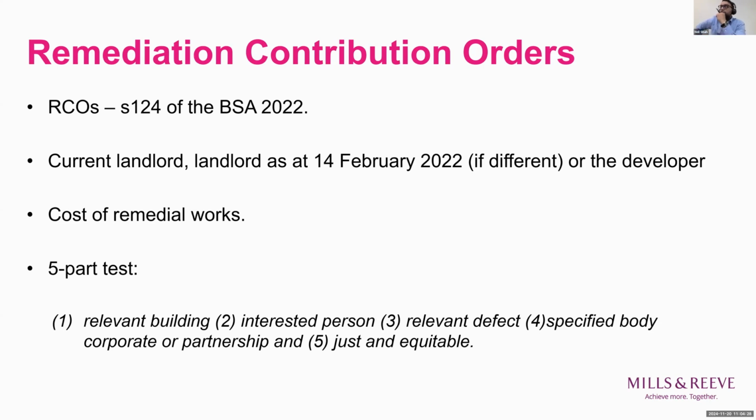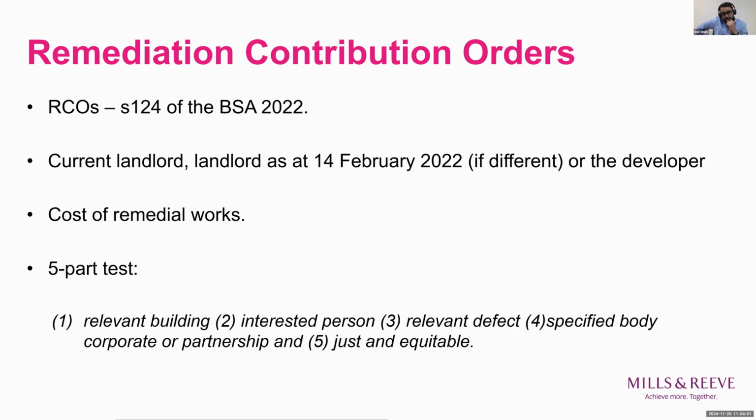It's all part of the wider regime, with attributing fault to those who caused defects. And Charlotte will come on to the corporate veil and privity of contract and how BLOs overcome that, but RCOs have a similar objective.